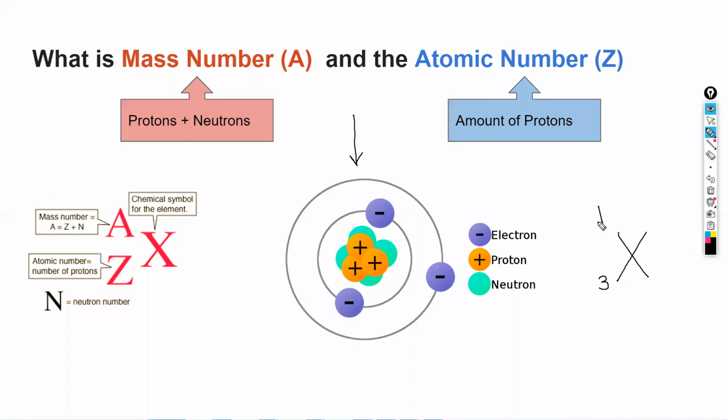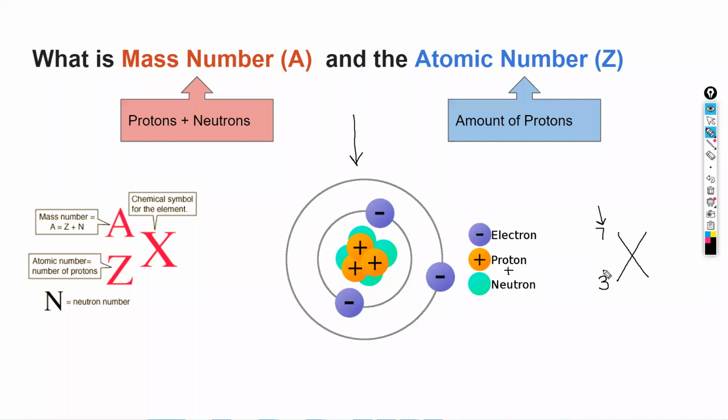The top number, which is the mass number, is the amount of protons plus neutrons. So we have to add the protons and neutrons, right? And a lot of people are telling me the top number is 7. Let's just clarify that. Let's add up all the protons and neutrons. 1, 2, 3, and the green ones, 4, 5, 6, 7.